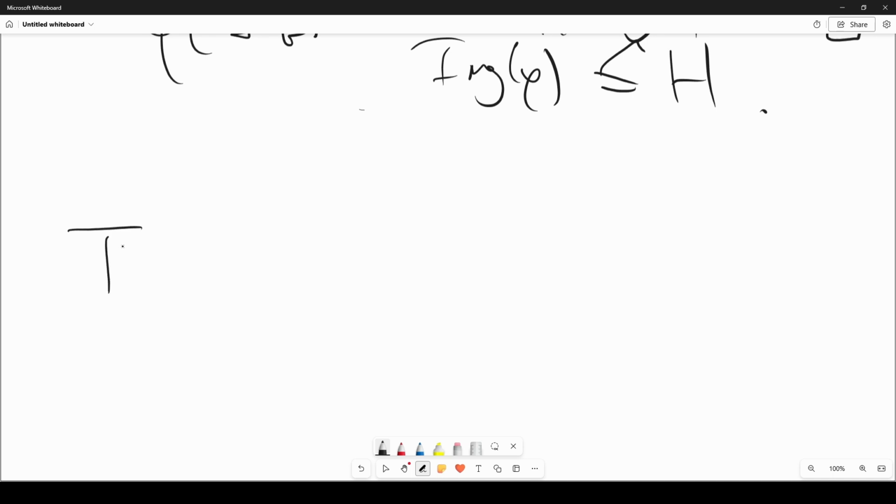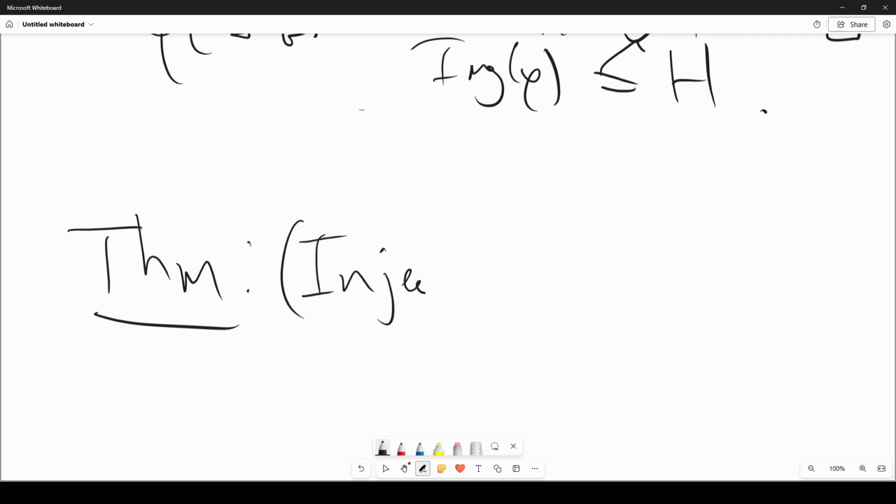And this is a theorem. I'm going to call it the injective homomorphism theorem.